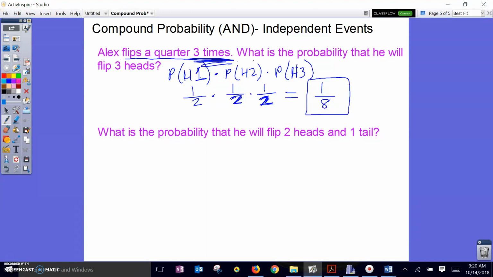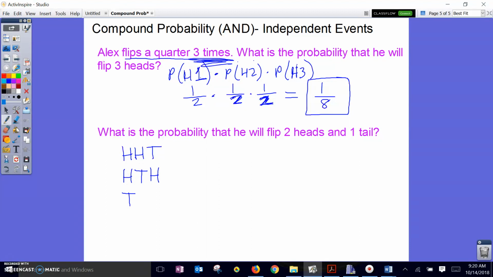And it's made a little bit difficult by the fact that when he's flipping 2 heads and 1 tail, there are actually multiple different outcomes when he flips his quarter 3 times that will lead to 2 heads and 1 tail. He could flip a head first, and a head second, and a tail third. He could flip a head first, and a tail second, and a head third.